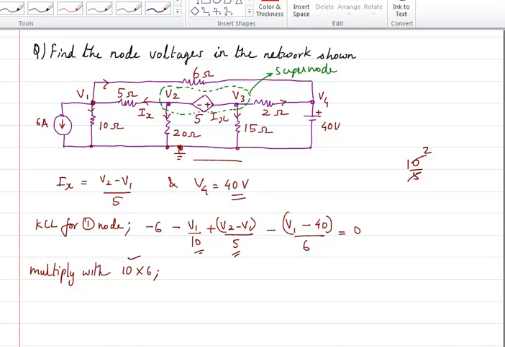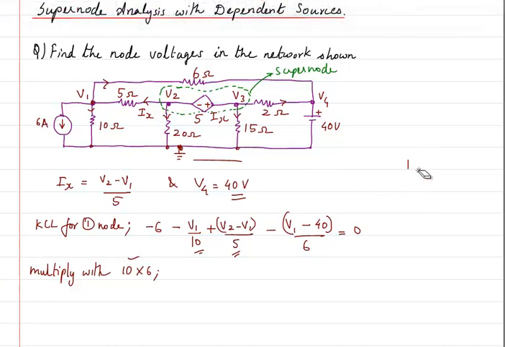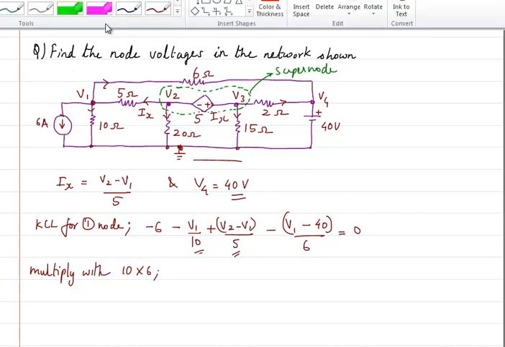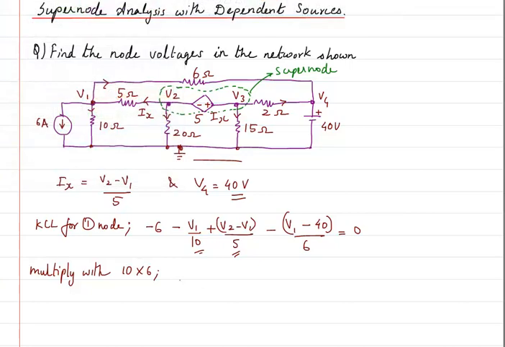There is no point in multiplying with 5 again, so I have avoided it. If you want to write it, you can, there is no issue. The equation will be different, but the final answer will be absolutely correct. You can check it. So I am having 10 into 6. I will always write it as 10 into 6 itself. I don't multiply it, because its job is to cancel out the denominator.